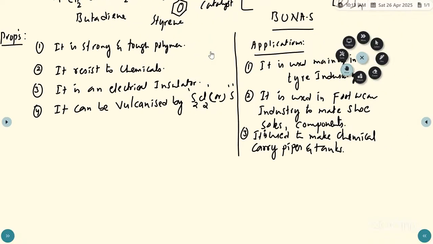It is used to make chemical carry pipes and tanks.